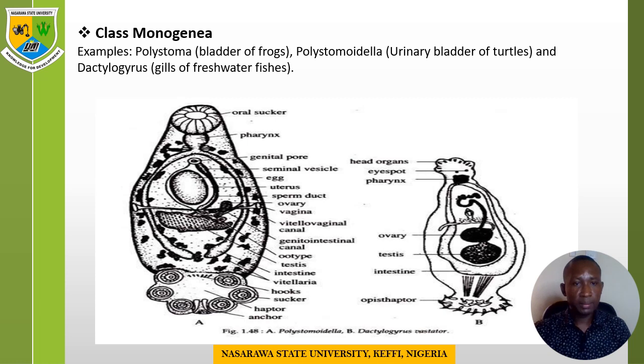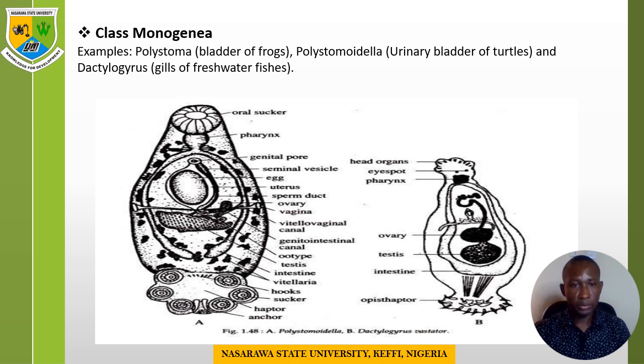The next class is class Monogenea. Examples of Monogenea: we have Polystoma, which is found in the bladder of frogs.